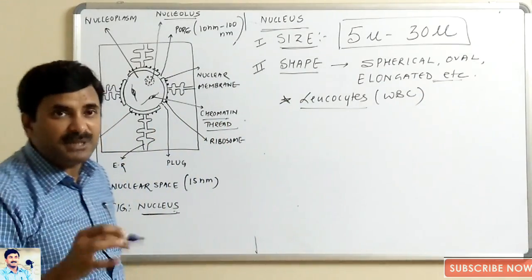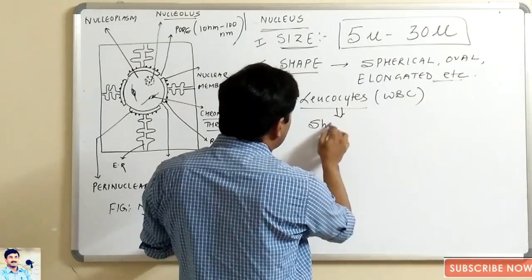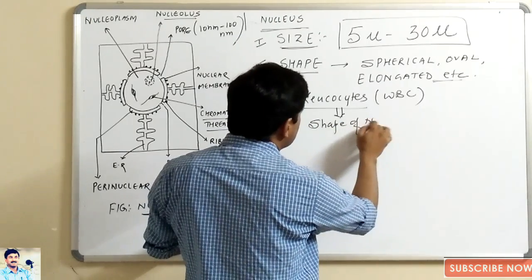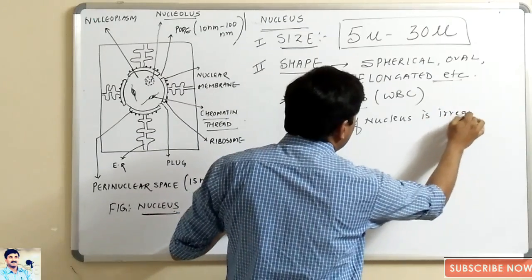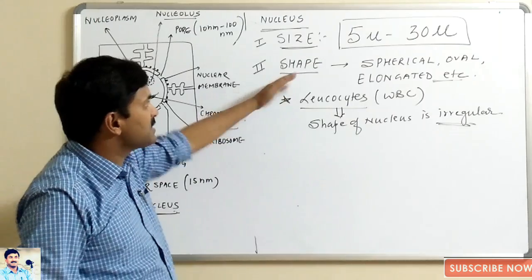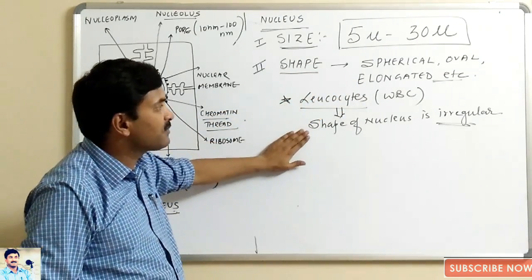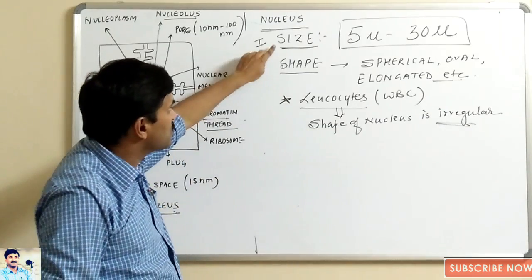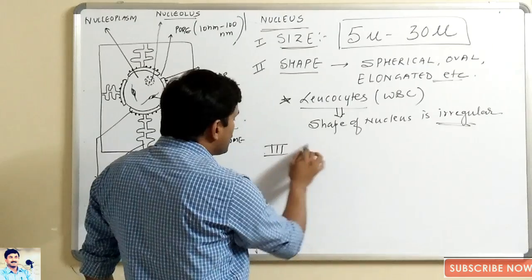I quoted this example because in leukocytes the shape of the nucleus is irregular. They do not have a definite shape. Otherwise the nucleus may be spherical, oval, elongated, etc. But in leukocytes the shape of the nucleus is irregular. So this is shape.